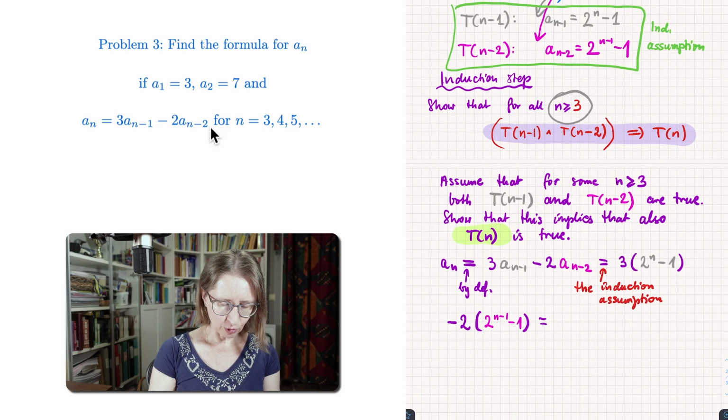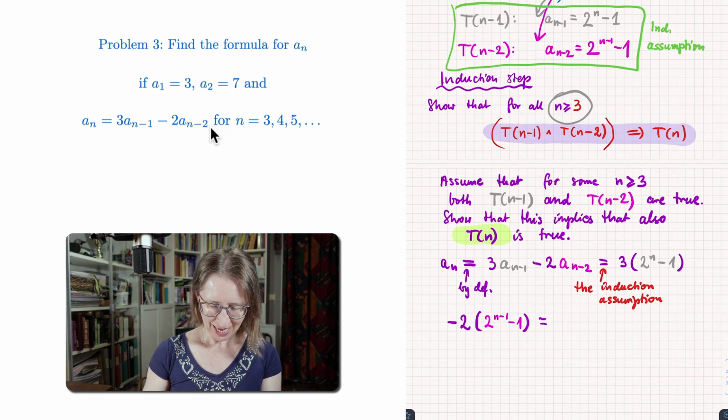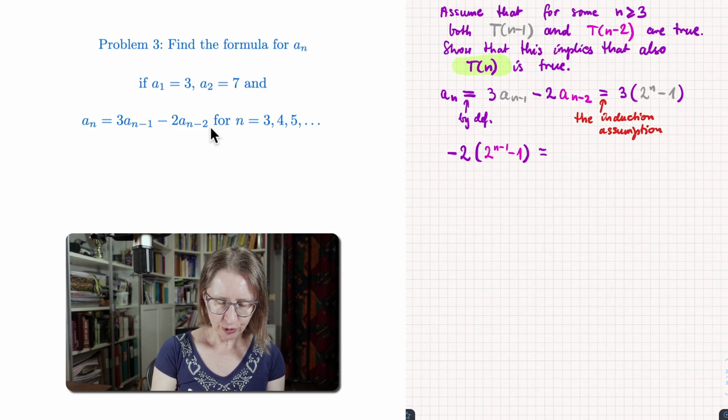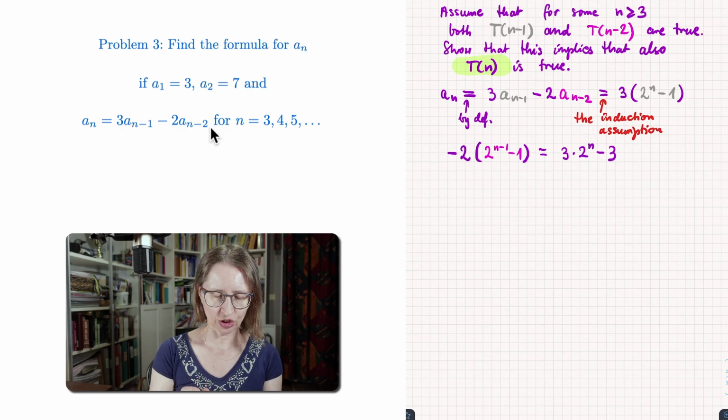And now you see we are almost done, you will see. Now we have to perform this multiplication, and this will give us 3 times 2 to n minus 3. This is the first expression. And the second one will be minus 2 times 2 to n minus 1, it is 2 to n, and then minus 2 times minus 1 is plus 2.